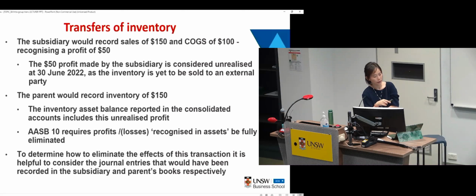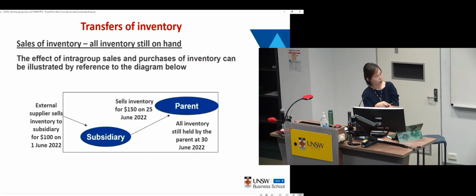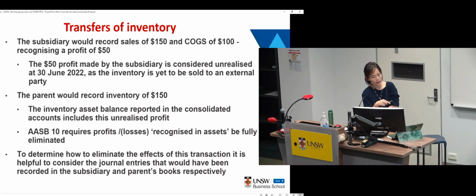Now, the profit of 50 will be realized once the inventory is sold to the external party, but at this stage it remains unrealized. Then the parent company records an inventory value of 150 because that is the amount the parent paid to acquire this inventory. Now, the inventory in the parent entity's balance sheet is 150. However, from the group viewpoint, it is 100.